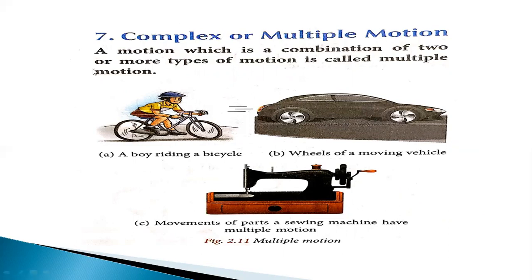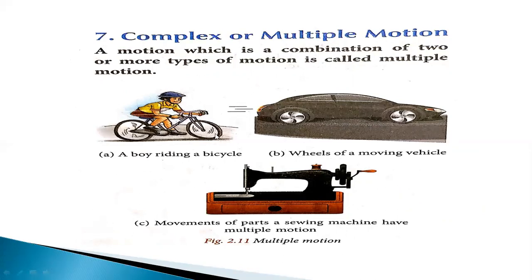When you ride a bicycle, the first example, there is circular motion, rotatory motion in wheels. But how do you move? In a straight line, on a straight road. So that is which kind of motion? Linear motion. Linear motion plus rotatory motion.